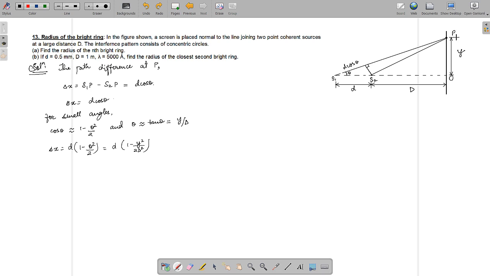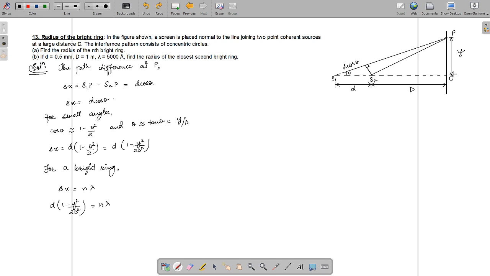Now for a bright ring, point P should be a maximum. So for a bright ring, delta x should be equal to n lambda for constructive interference. So d into 1 minus y square by 2D square should be equal to n lambda.